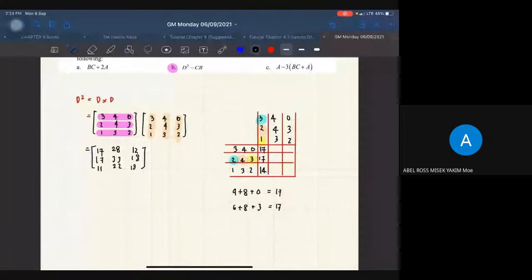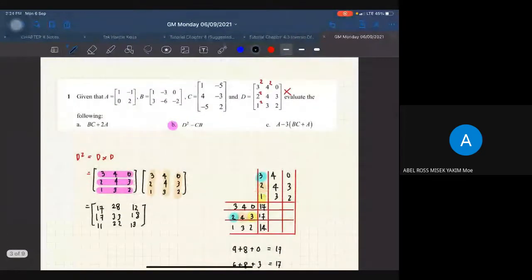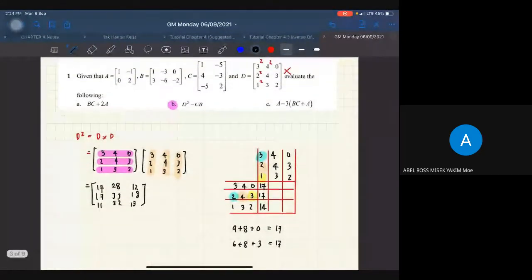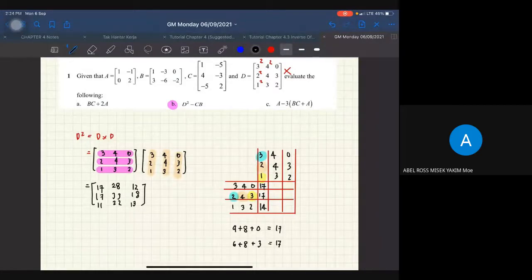Okay, so ada someone tanya saya, boleh tak kalau kita nak guna calculator untuk soalan ni? Calculator awak ada function untuk tambah dan juga darab matrix yang berbeza. Boleh je, tak ada masalah untuk guna calculator, terutama sekali untuk soalan objektif, sebab dia boleh jimatkan masa dan dapat jawapan yang tepat.